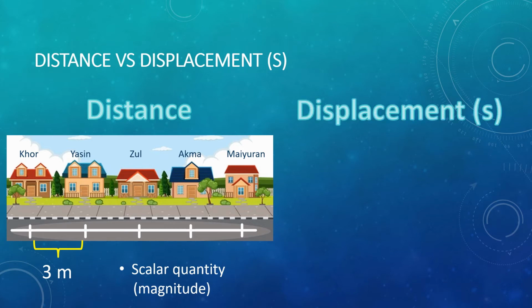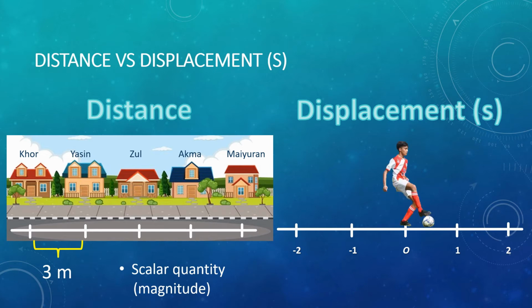Now, how about displacement? Usually we have a reference point which we call the fixed point O. For example, Isra is at the fixed point O. The displacement is equal to 0 meter. Ritz is on the right hand side of the fixed point O. Therefore, the displacement for Ritz is equal to positive 2 meters.